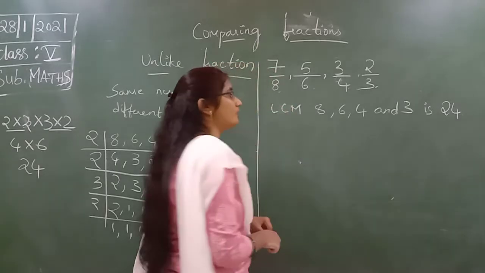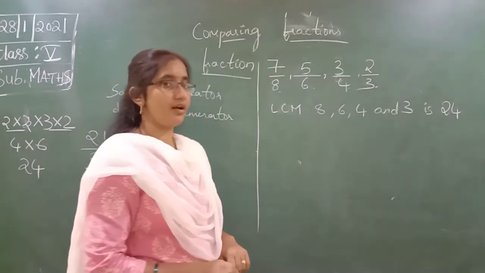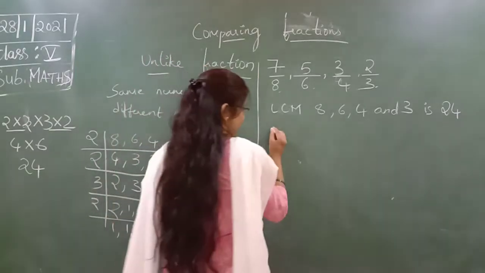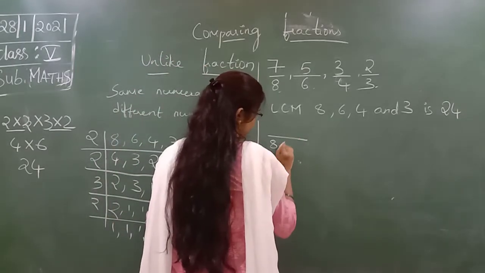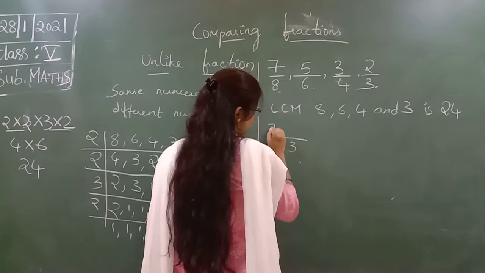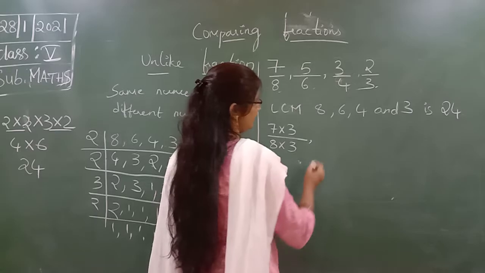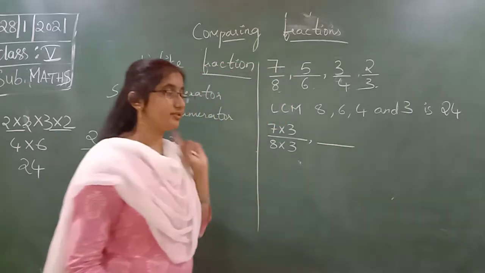Now in the 8 table, 24 is 8 3s are 24. So 8 into 3, and 7 into 3. Next, in the 6 table, always multiply the same number.